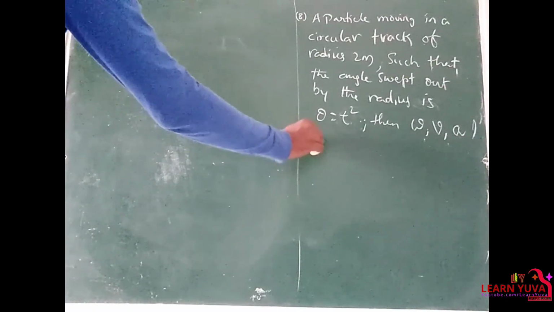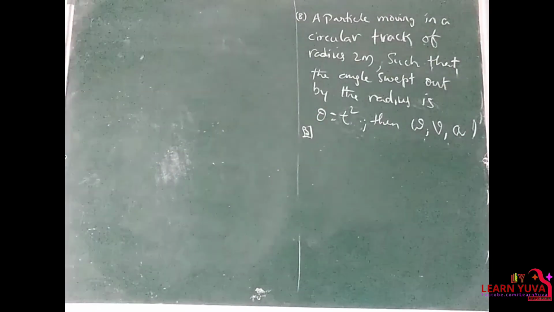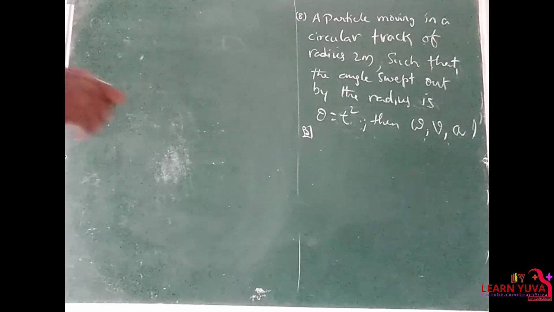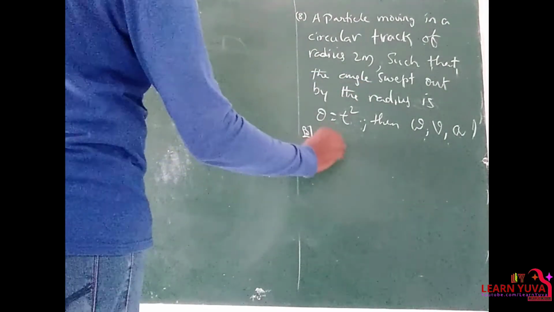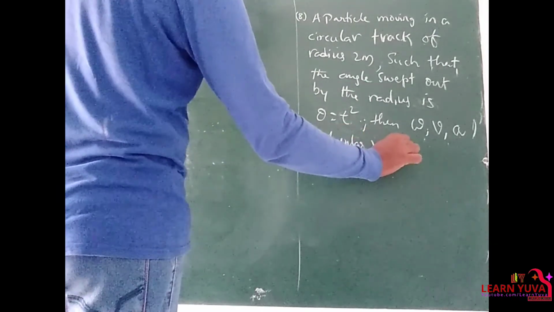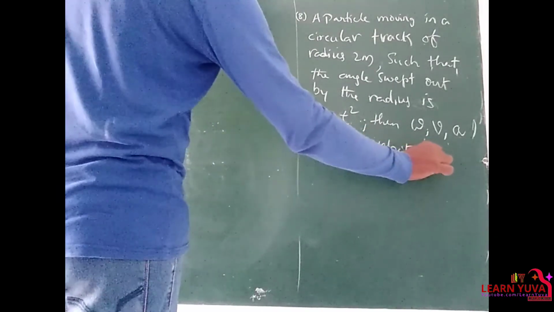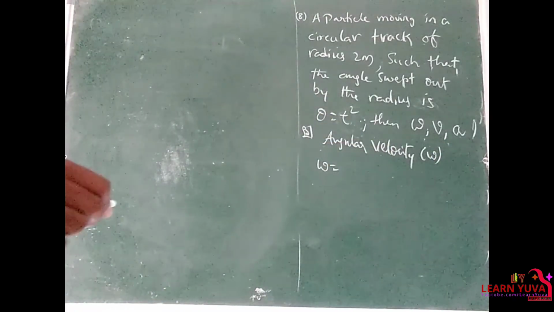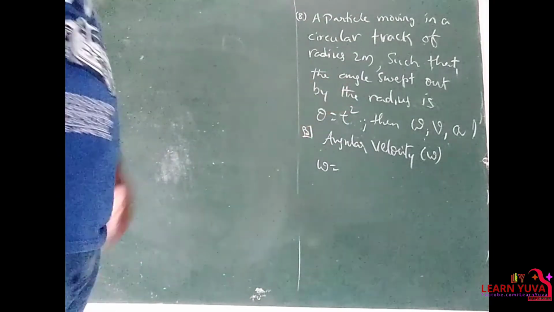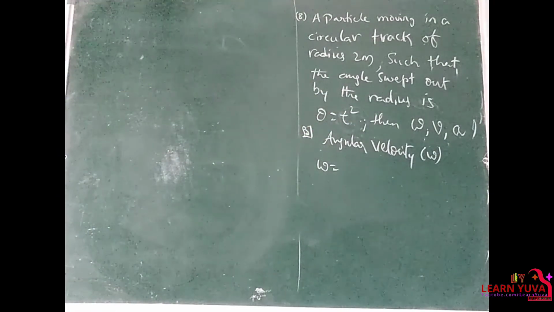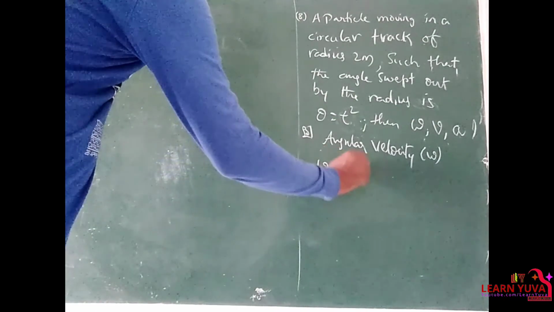So solution for this. Given, first of all we have to find out angular velocity omega. So omega is equal to, here we have to do the derivative. So omega is equal to d theta by dt.